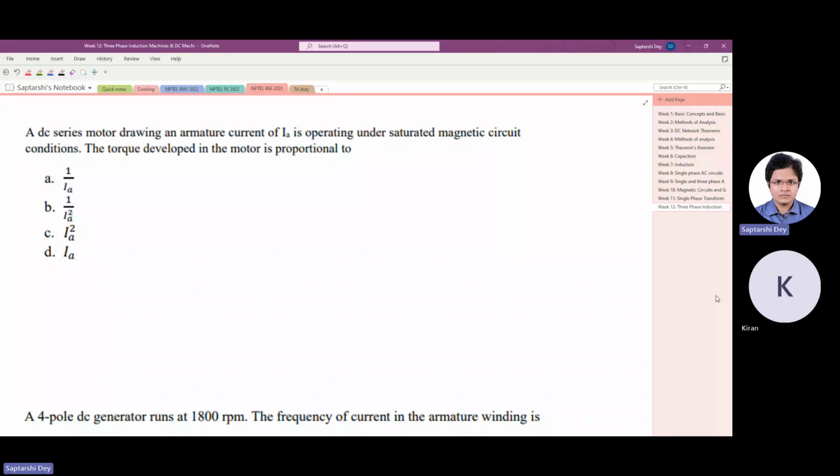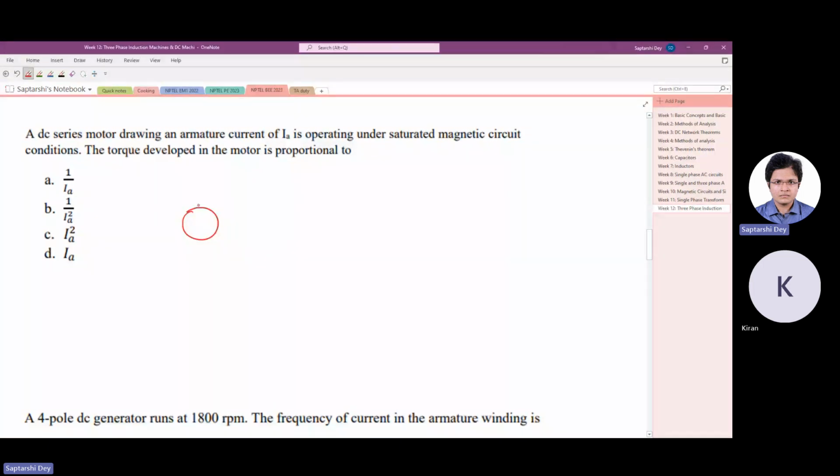So this question says a DC series motor is drawing an armature current Ia and is operating under saturated magnetic circuit conditions. The torque developed in the motor is proportional to what? Now, in a DC series motor, the armature current and the field current are equal in magnitude because they're in series.